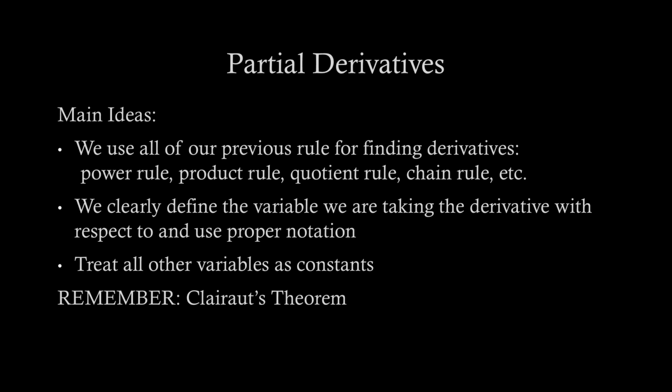And Clairaut's theorem can make our lives way easier if we recognize which order would make our lives better. And even more importantly than that, when we get to taking multiple integrals, there is a similar theorem called Fubini's theorem that basically applies the same idea, that we can take our integrals in either order as well, which is almost more important than Clairaut's theorem, but worth practicing.